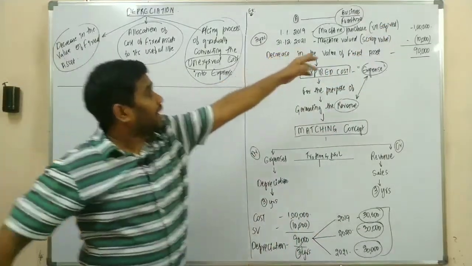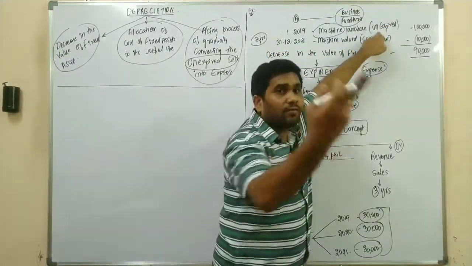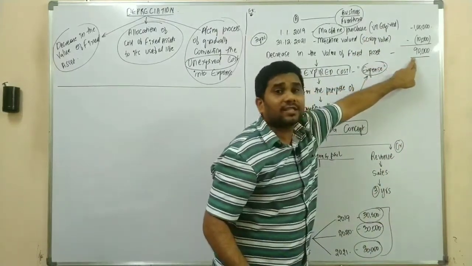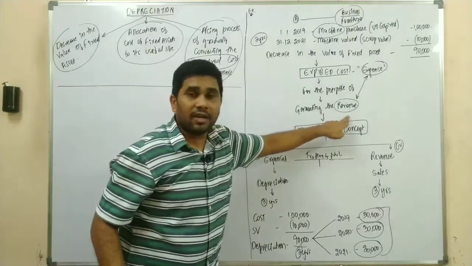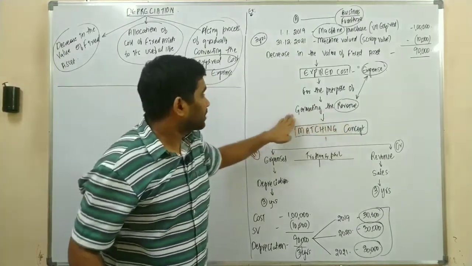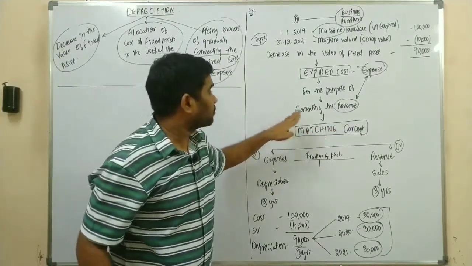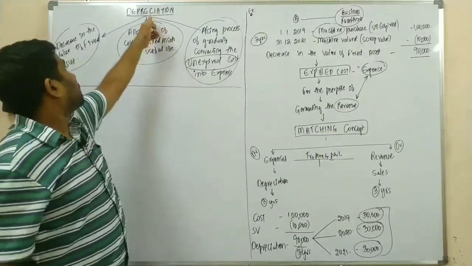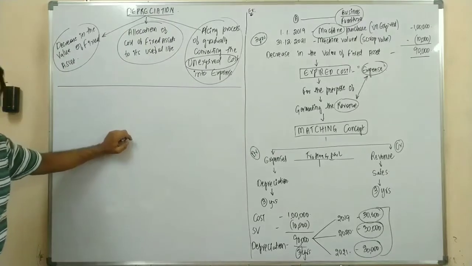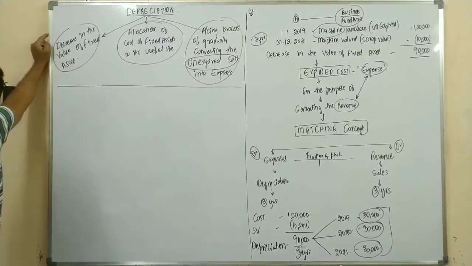That cost of the asset has been converted into an expense for the purpose of generating the revenue. This expense which has been incurred for the purpose of generating the revenue is called depreciation. This is the meaning of depreciation.